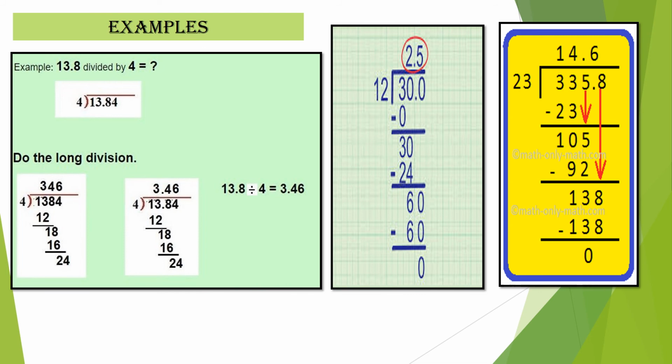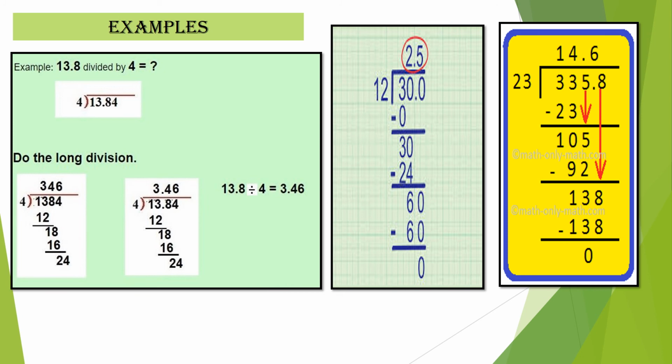So 12 zeros are 0. You have taken this 0 first, and then on subtracting you get 3, and take this 0 down. 12 twos are 24, so you get 24 here, and on subtracting you get 30 minus 24, 6.